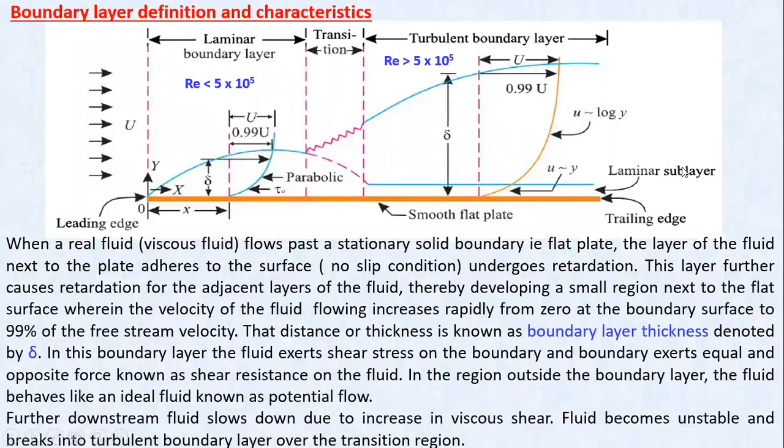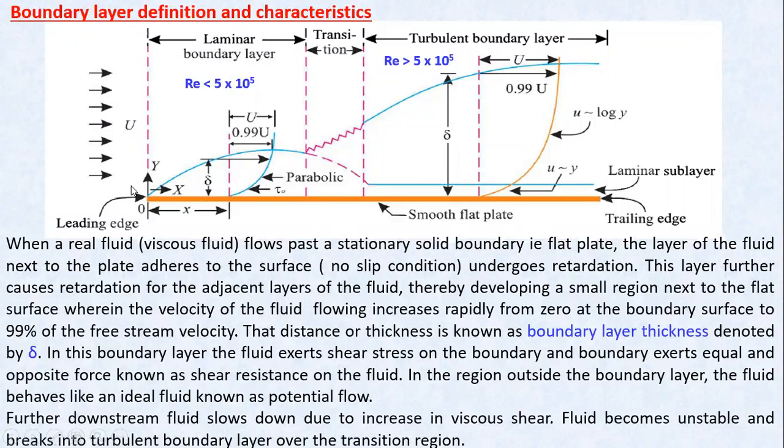Now, let us see how the boundary layer develops when a fluid flows over a stationary flat plate. Consider a real fluid or a viscous fluid flowing over a stationary solid plate. Once the fluid flows in the form of layers, the fluid layer immediately next to the plate surface will have zero velocity because the plate surface is not moving, it is stationary.